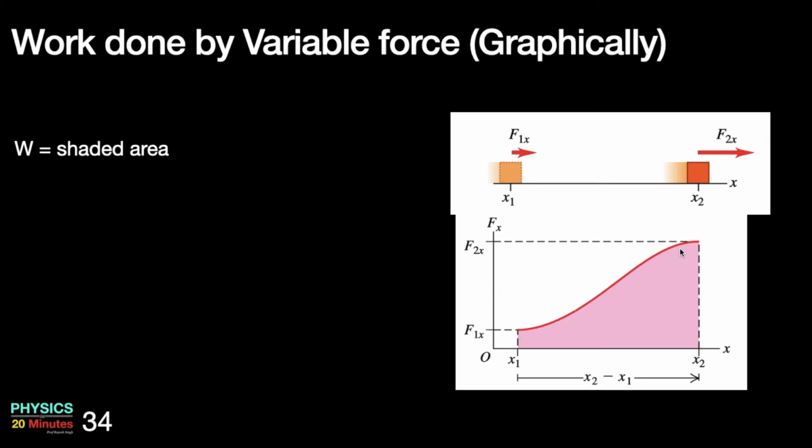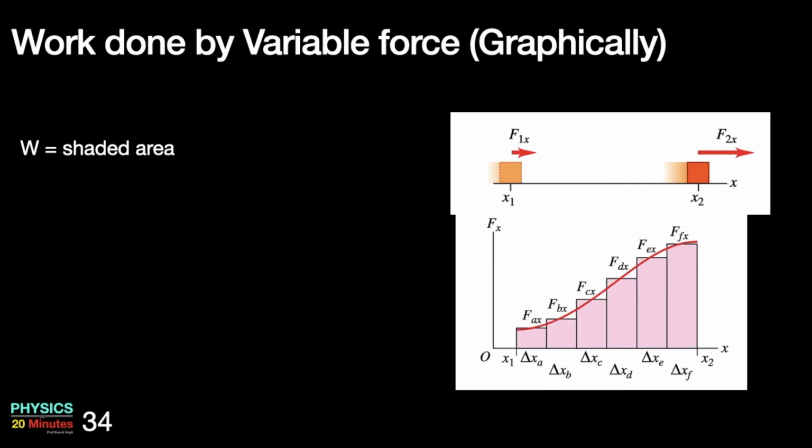So in order to calculate this area, we divide this area into a large number of thin vertical stripes and then calculate the area of each stripe. For each stripe, the width is delta x. We assume that the height, or the force value, for that particular stripe is constant. So the area of one stripe will be f of x into delta x.